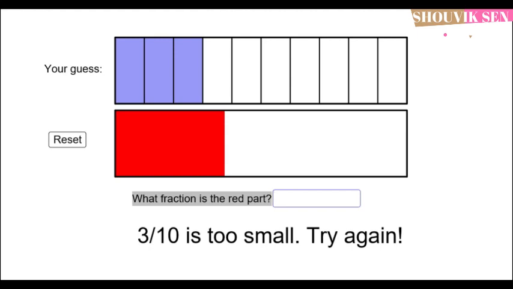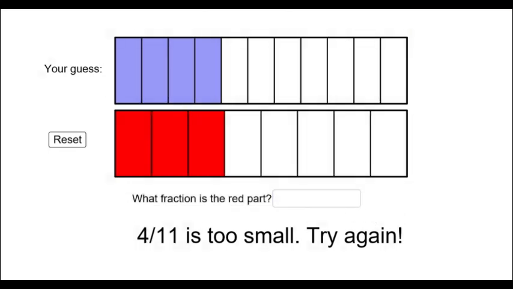So it should be more than 3 parts of 10. 4 by 11, see? Oh no, 4 by 11 was too small. It was not correct. It was 3 by 8. 3 by 8 is the correct answer.